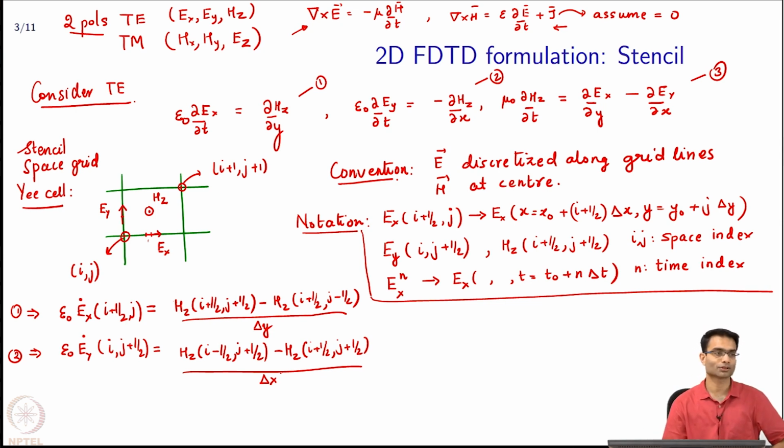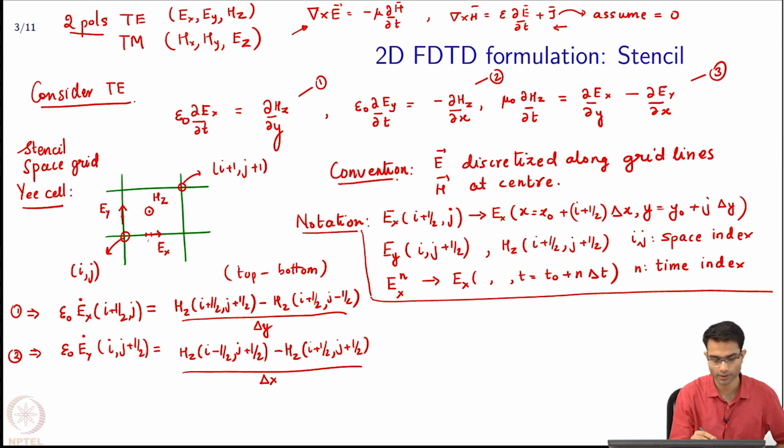There is a shorthand trick you can use to remember this. The Ex derivative can be thought of as the top value minus the bottom value. So I write this as top minus bottom, and this over here can be thought of as second, left minus right.